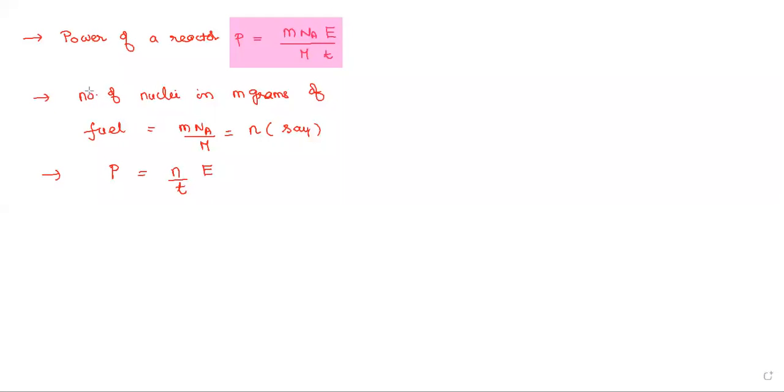So when you come to numericals, you may use the first one to find the power, and the second one to find the number of nuclei undergoing fission. And this is the power if they directly give the number of nuclei per second undergoing fission. And E is the energy; yesterday I told you it is the energy released in each fission process.